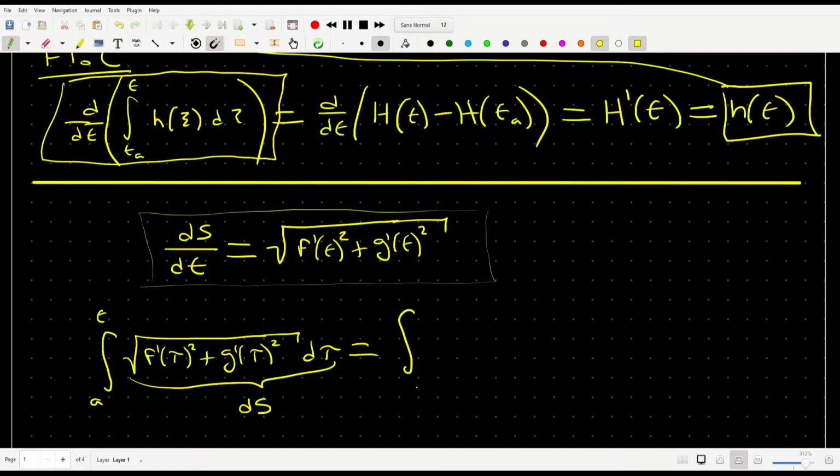And so this is the same thing then as the integral from 0 to s of t of 1 ds. Because if we're measuring arc length from ta here, the initial arc length is 0 at the point ta, and then we're measuring out to s of t, and so we get s of t as the total arc length. So this makes a lot of sense. It's very, very cool.